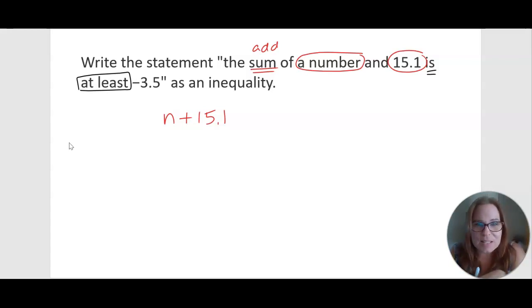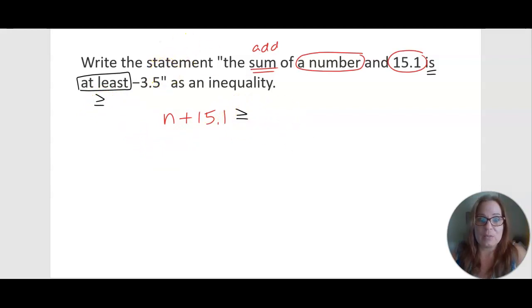That doesn't mean less than 16 or you'd have your license right now, right? If it's at least 16, that means you have to be greater, right, older, or equal to 16. So at least actually means greater or equal to.